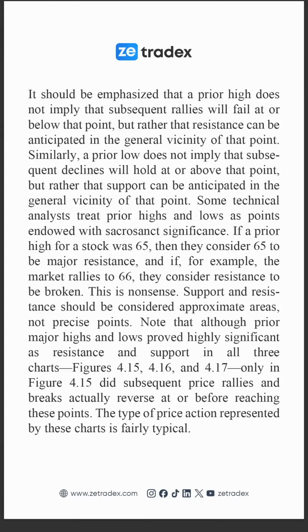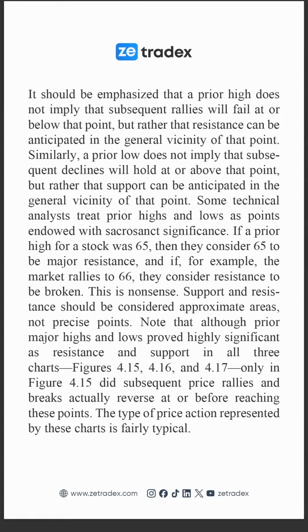It should be emphasized that a prior high does not imply that you should expect subsequent rallies to fail at or below that point, but rather that resistance can turn out to be an important support zone at a later date, and that support can be anticipated in the general vicinity of that point.